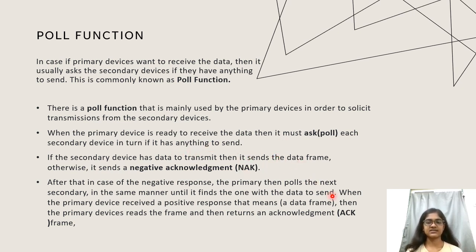If the answer is yes, then that device shares the data and an acknowledgement is received. Else, if it doesn't have any data to send, a negative acknowledgement is sent to the primary device saying that it doesn't have any data to send. And this way, polling keeps the communication channel clear and avoids data collision.